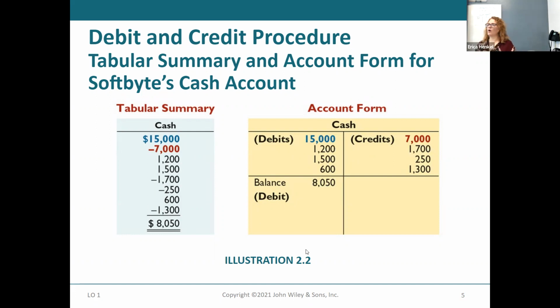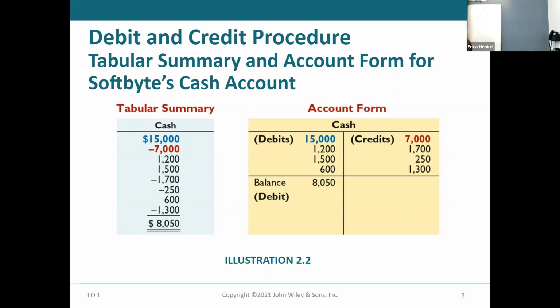So if we're going to figure out what our overall cash balance is here, the debits would all be positive increases to cash on the left, and the credits would be decreases. So when we're adding it up calculator-wise, it's going to look like this. Just remember that when you are trying to figure out the ending balance of an account, you need to know what the beginning balance was.